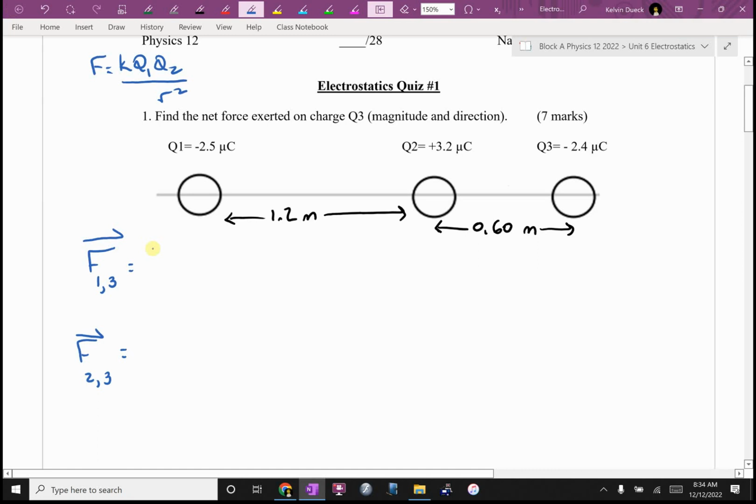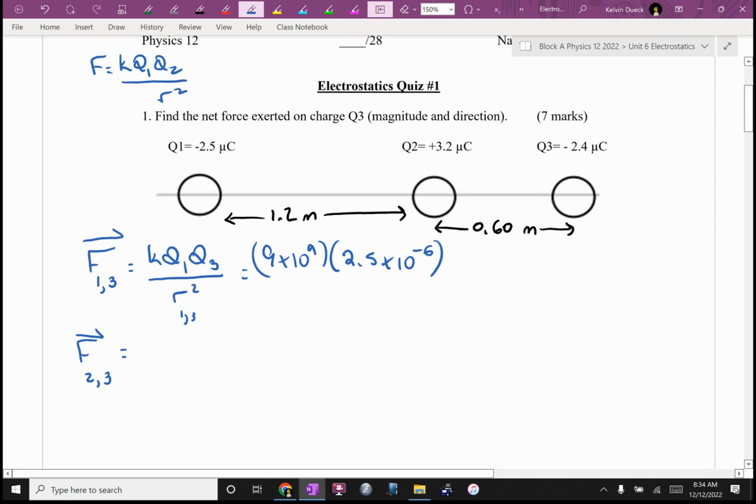So this is going to be K Q1 Q3 over R between 1 and 3 squared. It's going to be 9 times 10 to the 9th. Charge 1, 2.5 microcoulombs. Mr. Dewick, shouldn't you put the negative in? Not for forces and for fields.